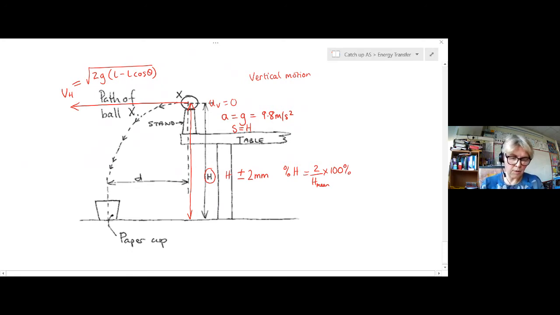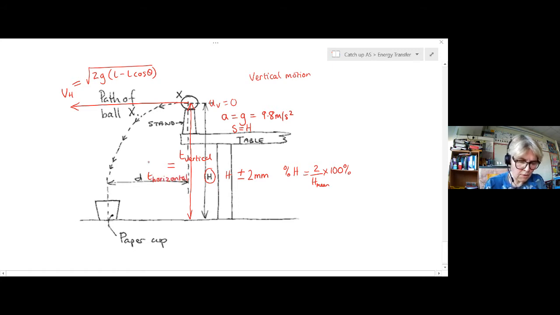Okay, we don't know the final velocity, and actually what we want to find here is the time, because the time it takes to go vertically will be the same time as it takes to go horizontally.